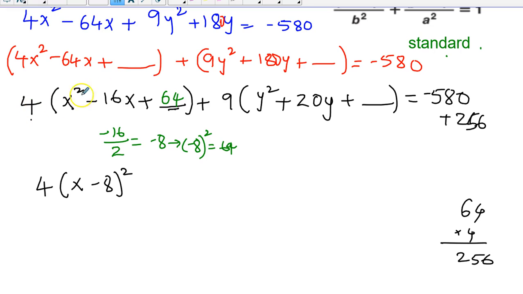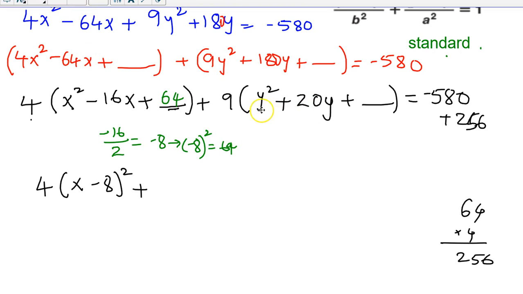So it is 4 times 64, that is 256 added on the left hand side. Therefore, I added the same 256 on the right hand side. And what is the purpose of doing this? So that I will get an expression of the form x minus h whole square. If I want to verify, just expand this x minus 8 times x minus 8. If you multiply, that gives you back the same x square minus 16x plus 64.